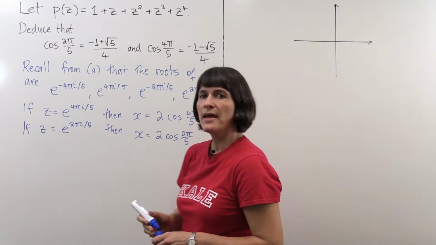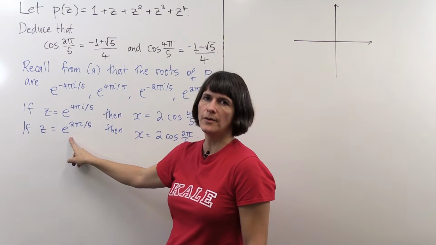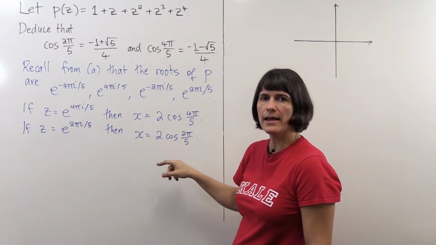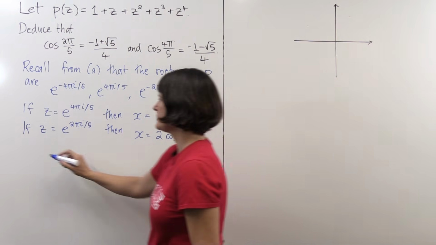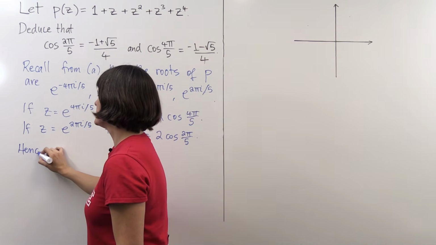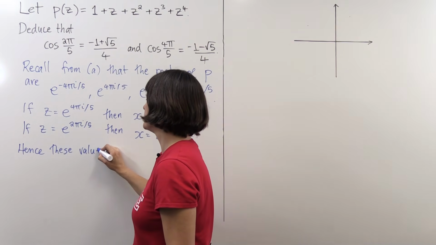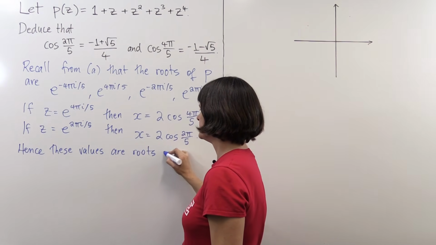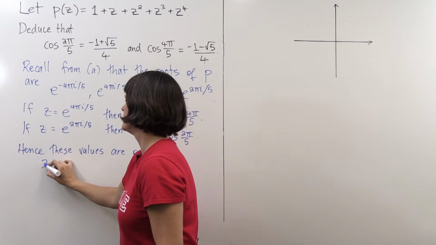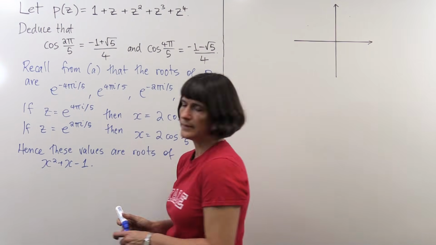All right? And we said in part C that whenever p of z is 0, then the x that we get here is a root of x squared plus x minus 1. So hence, these numbers are roots of x squared plus x minus 1.